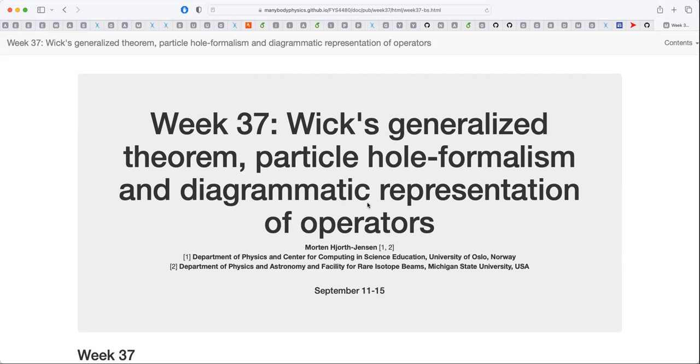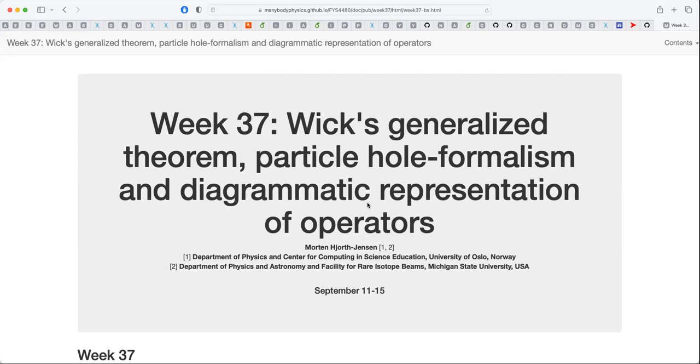Redefining the vacuum allows you to handle systems with many, many particles. And then we will deal with something which are called particle hole excitations. And that's the way we will discuss the physical systems in terms of particle hole excitations. So that introduces a whole set of language and jargon, which we will use repeatedly. But the first thing we need is Wick's generalized theorem, and then we need also to prove it.